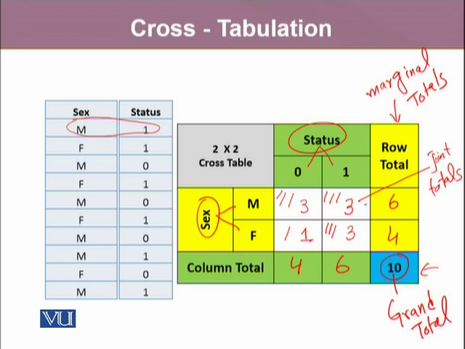And if we add these values up, either on the row side or the column side, these totals should be equal to 6, 4, and 4 and 6. And all the marginal totals and joint totals should add up to our grand total.